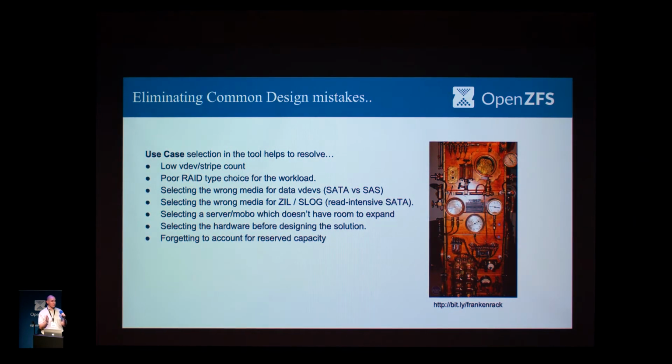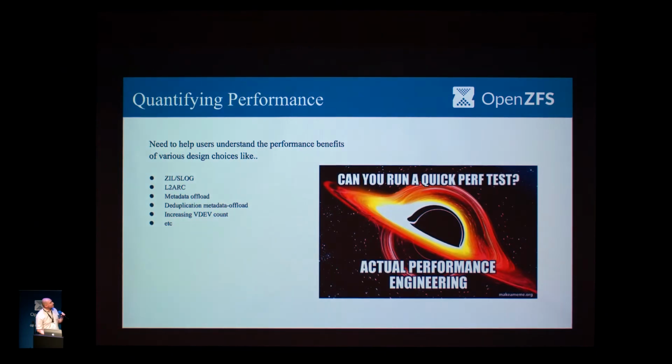This just starts to put them on the right path. So the design tool doesn't let you pick bad choices in terms of drive types. So a lot of these problems just go away as long as we've got a design that's within the tool.